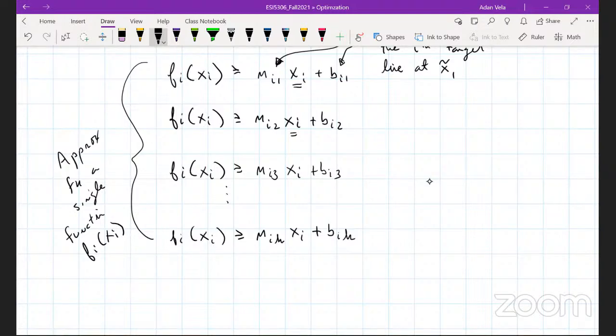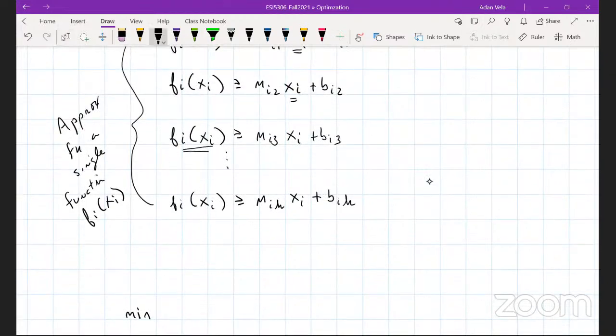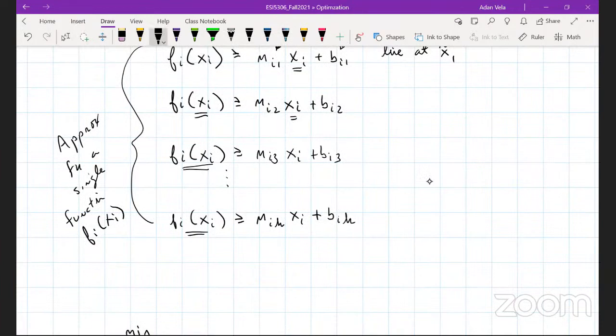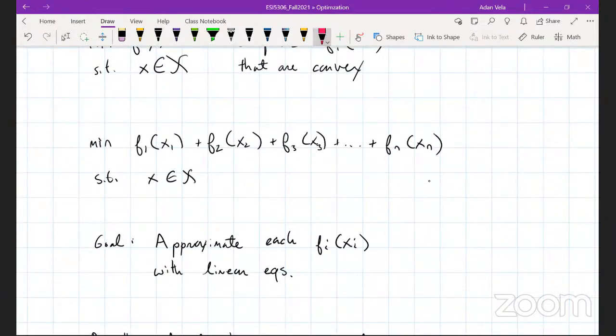Now we can certainly, if we have multiple separable functions, then we can put this all together. So in that case, we would say let's minimize. So here I'm going to tell you, we're going to have to add decision variables for each separable function. So MATLAB or Cplex doesn't allow us to write in fi of xi. So essentially what we're going to do is represent each one of these with a decision variable. So we'll have T1, T2, T3, all the way to Tn.